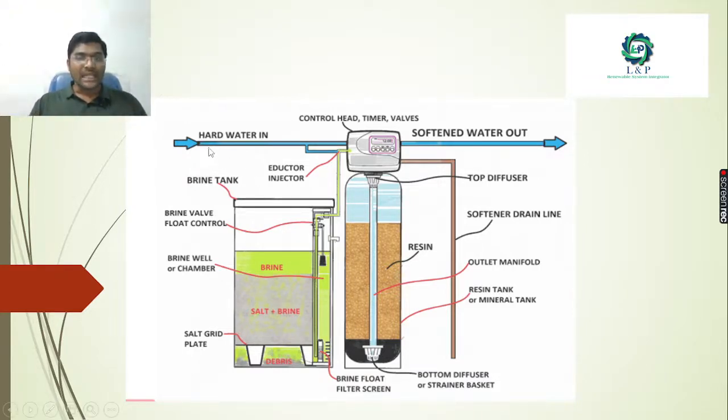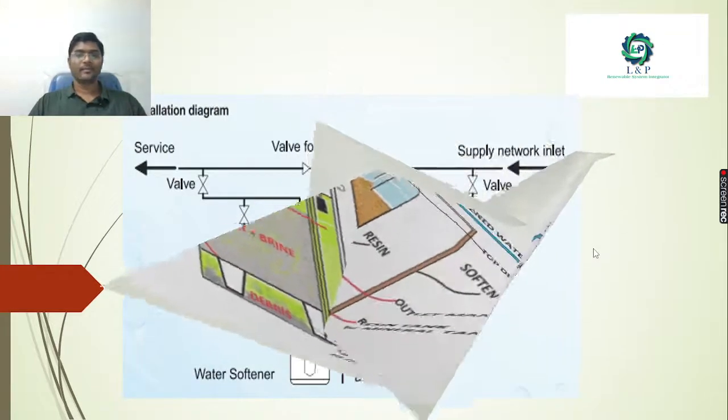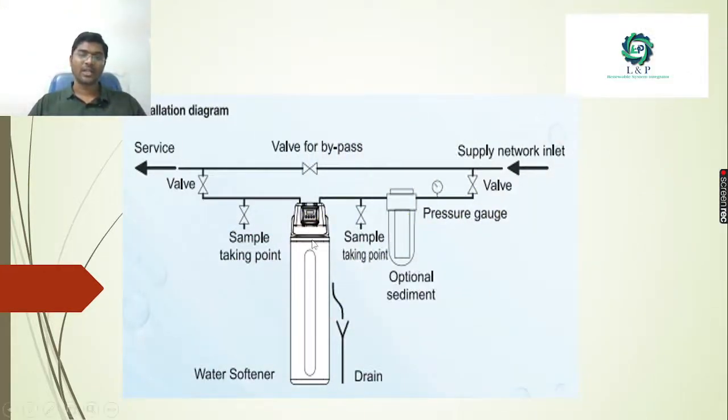See here, the hard water is getting inside with the help of these control units, timers and valves. We are taking away the calcium and magnesium deposits in the hard water, and we're giving the soft water outside through this outlet. In a drain line, we are sending away the unwanted water. So this is an example of the installation diagram.